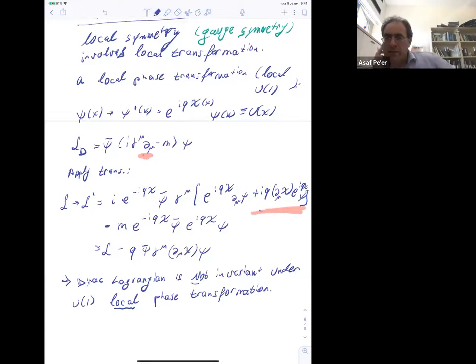Nothing surprising, right? I would be very surprised if the Lagrangian were invariant. Nothing special.